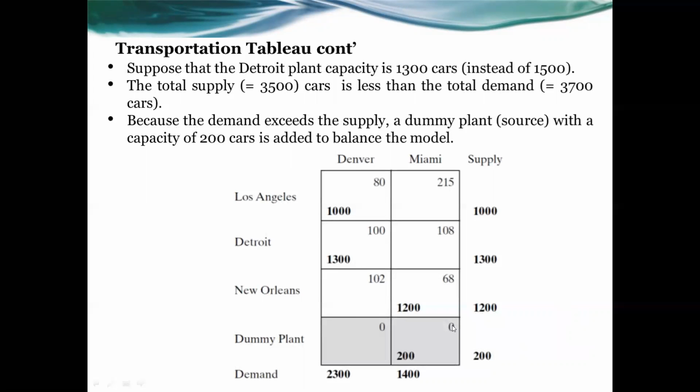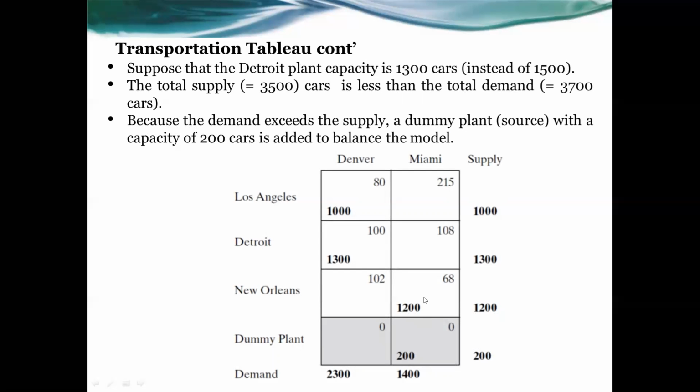So we add this 200 here and balance the tableau. Because the demand exceeds the supply, the dummy plant, a dummy source with a capacity of 200 cars, is added in order to balance the model. Now our model is balanced. I believe you are clear up to that point.